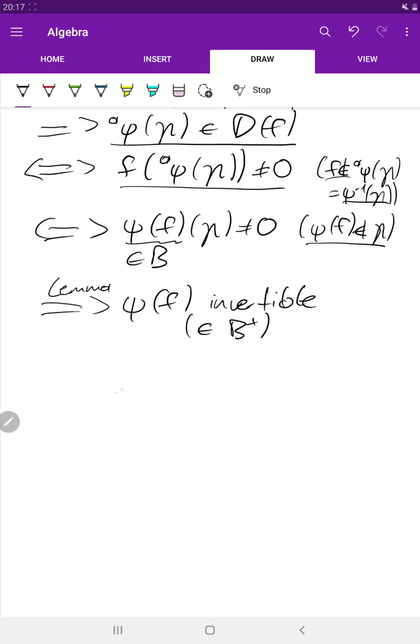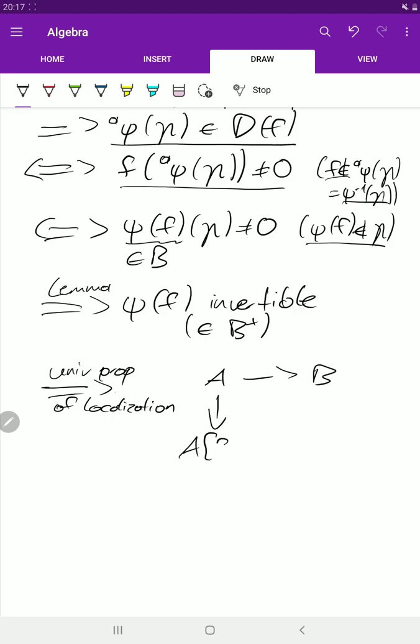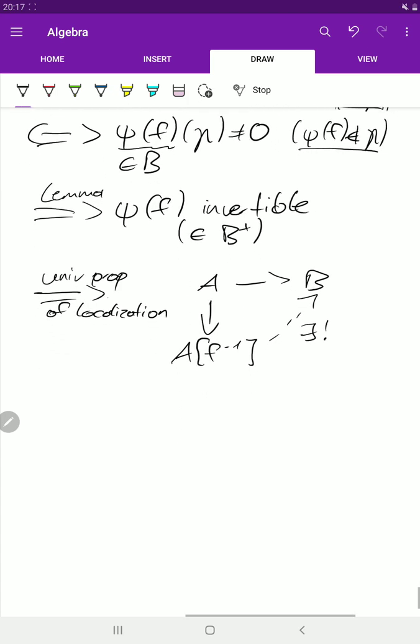And so we just have to use now the universal property of the localization. We have this map from A to B, and I claim now that there exists a unique map by the universal property of localization.